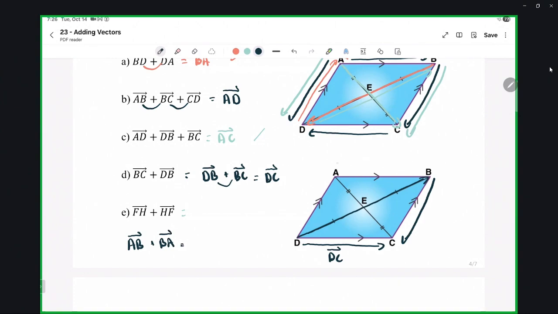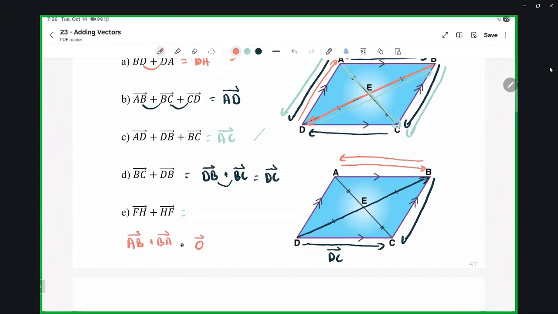Okay, so here what this means is that we go from A to B, and then from B back to A. So the solution to this seems to be just 0, right? We ended up where we started.